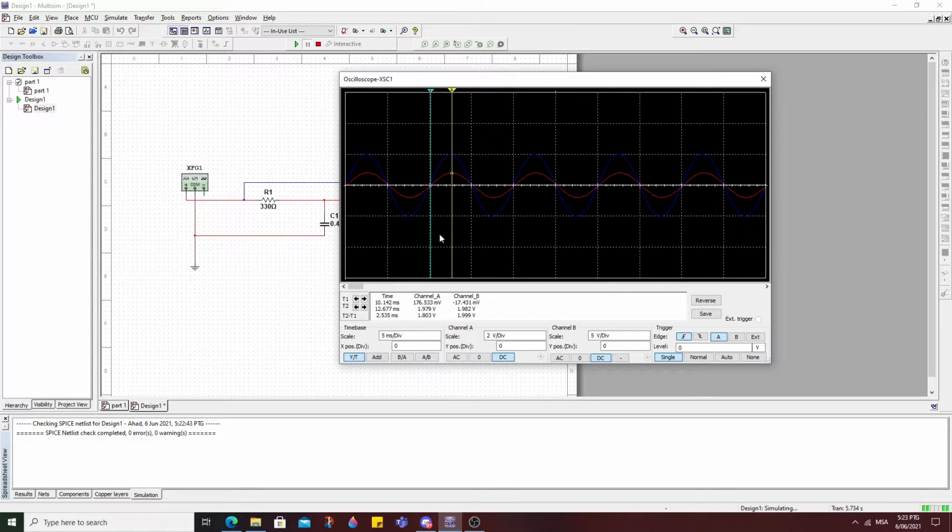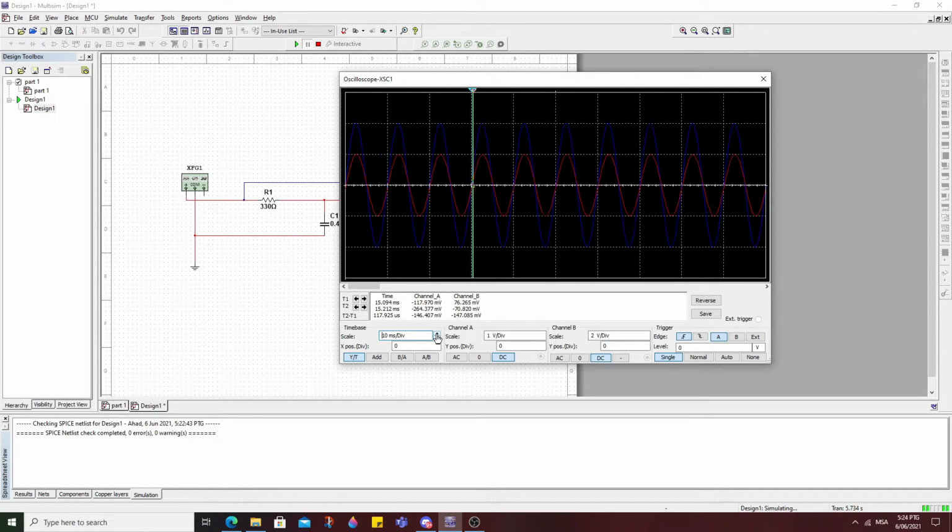And then to find the phase shift, we need to reference the waveform. Place the cursors on the blue and red waveforms.